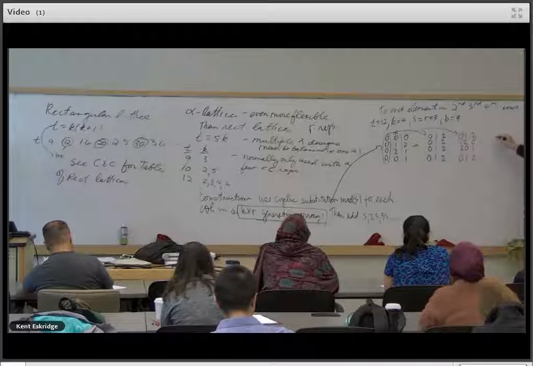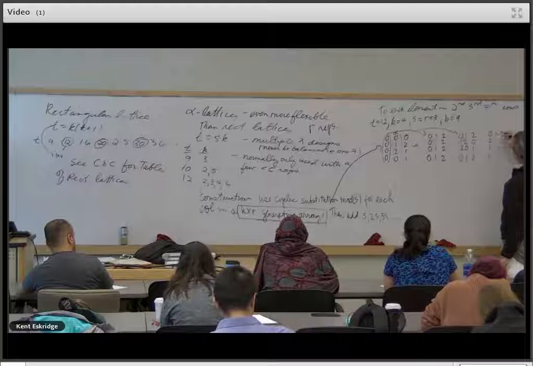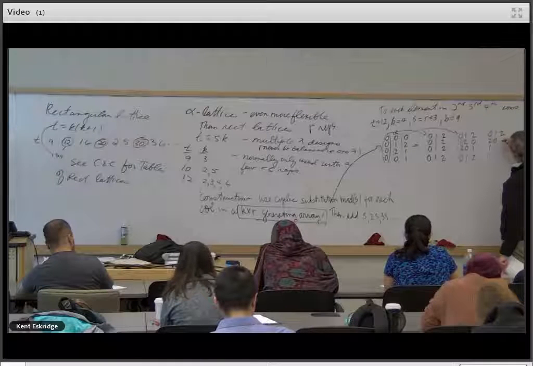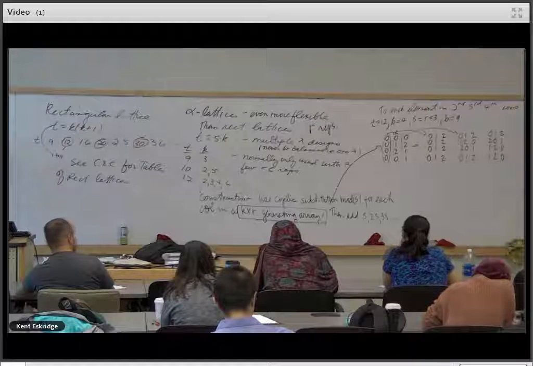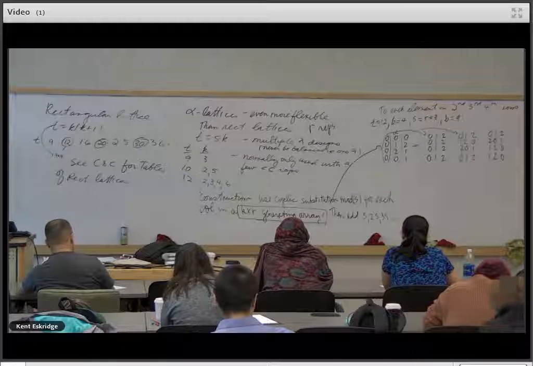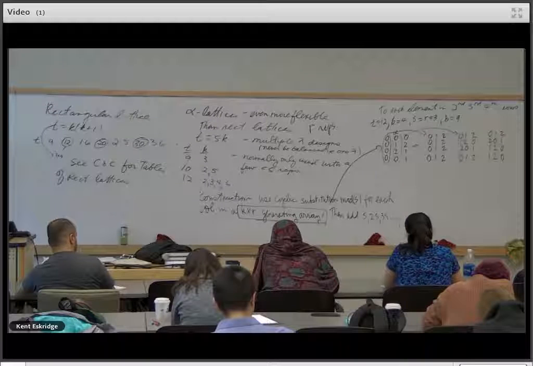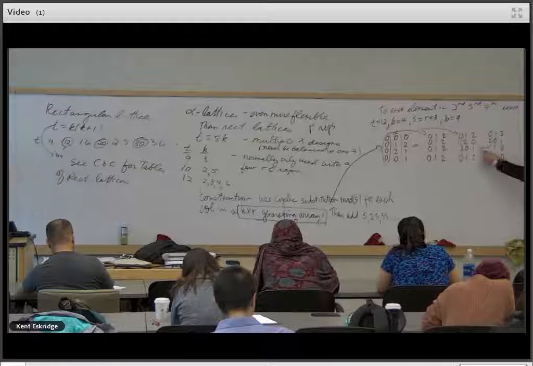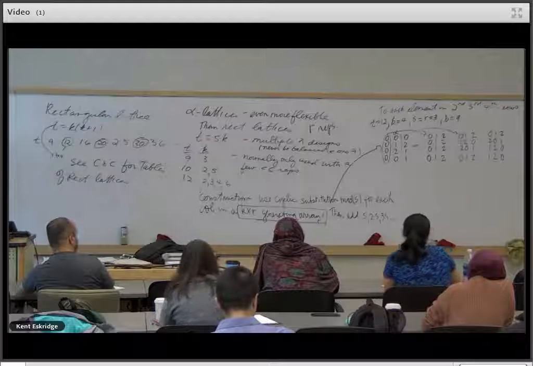And I do the same thing for the last one. 0, 2, 1, 1. Then I have 1, 2, 2, 0, 1, 1, 2, 0, 1, 2, 0. Okay, you with me up there? All I'm doing is getting these generator columns. And I'm using cyclic structure, so we talked about this.